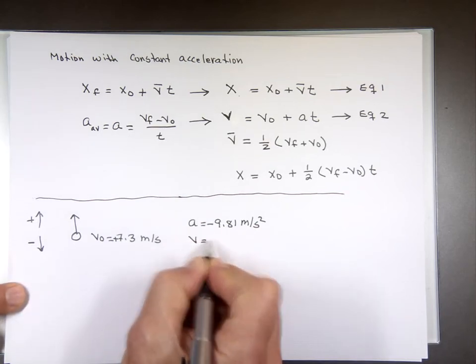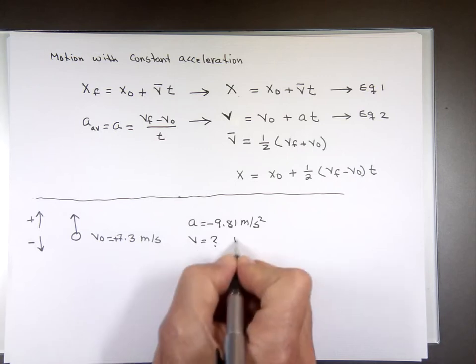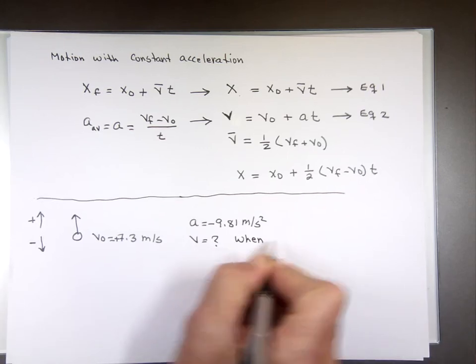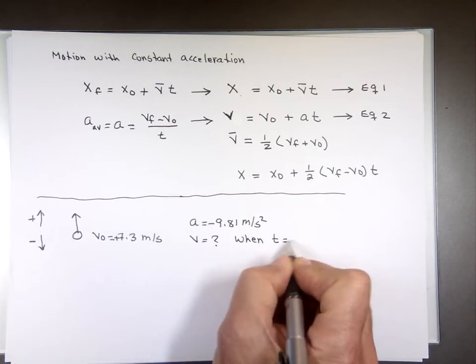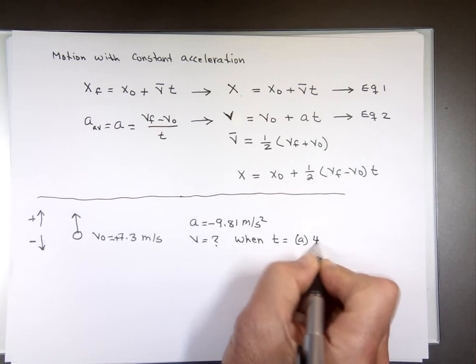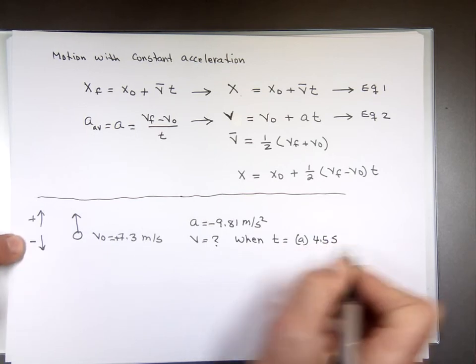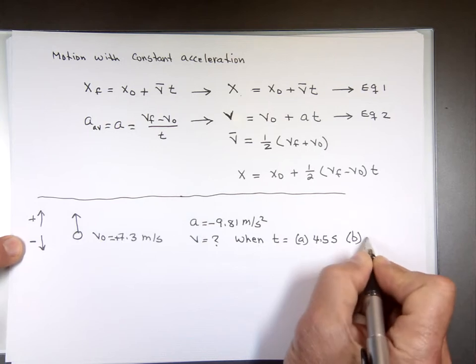V equals what when t equals, in part A, t is going to be 4.5 seconds, and in part B, t is going to equal what? 9 seconds.